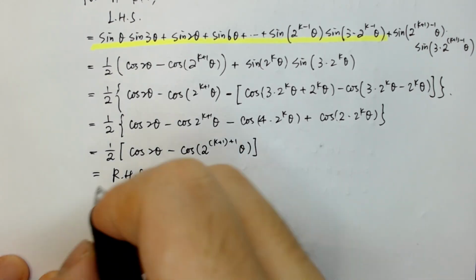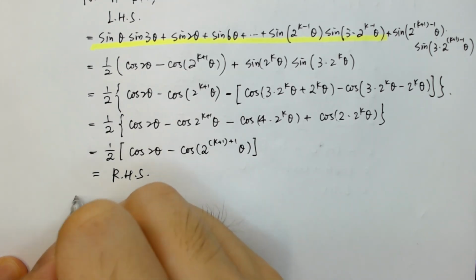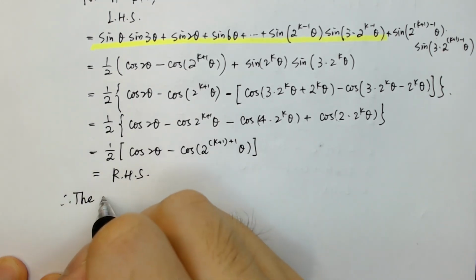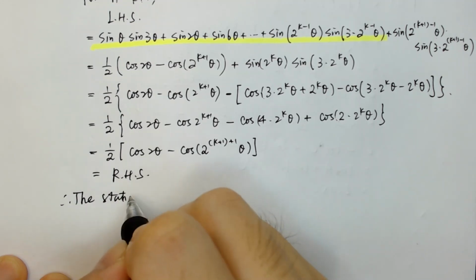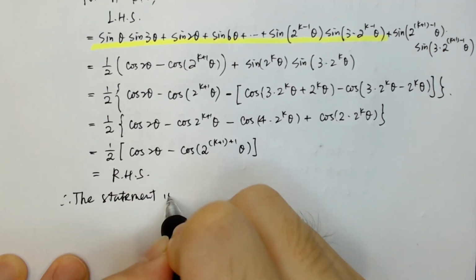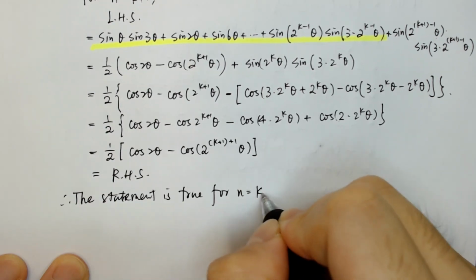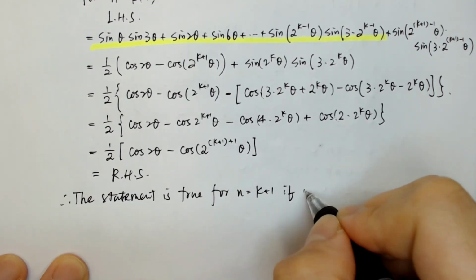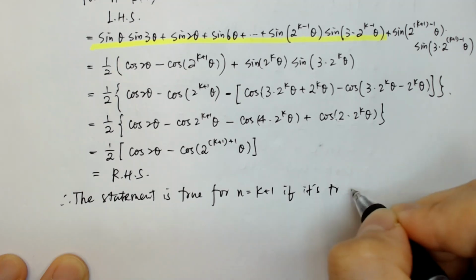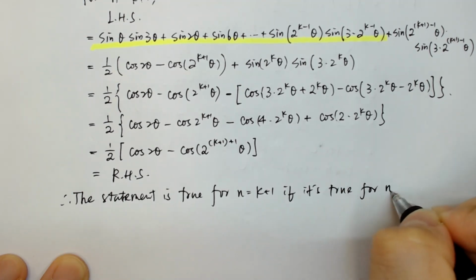Okay, so the statement is true for n equals k plus 1 if it's true for n equals k.